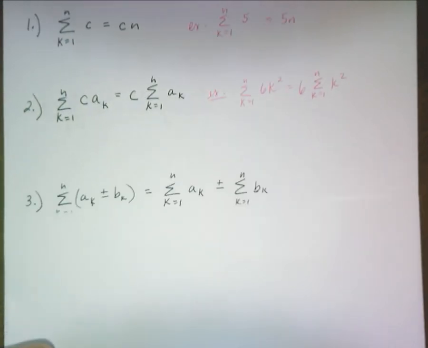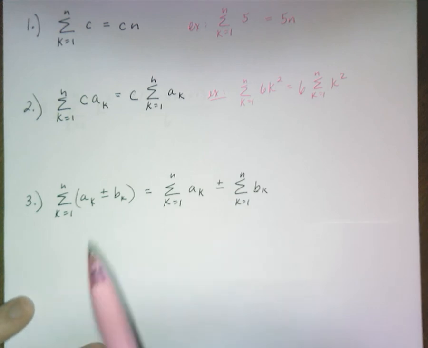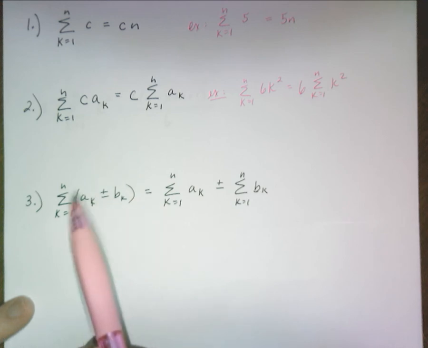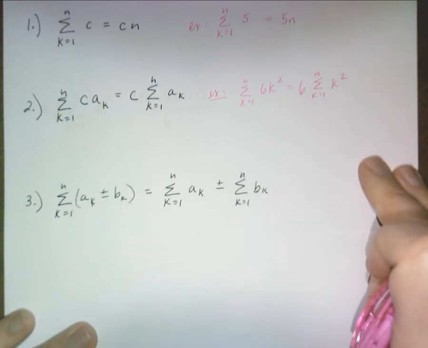Then the third summation property is just adding and subtracting of sums. If you have almost like a polynomial inside of here, you can take the sum of each one separately.